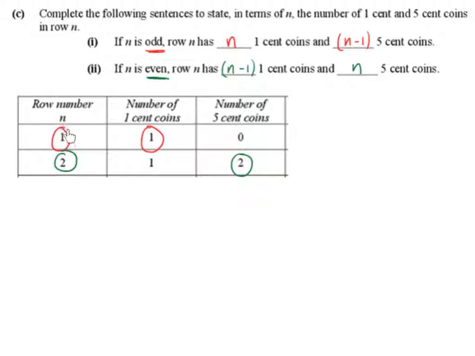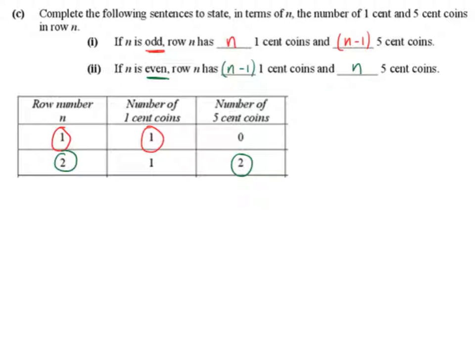In row 1 we had one 1 cent coin. In row 3 we had three 1 cent coins. In row 5 we had five 1 cent coins, and so on. So we just put n in the blank here. We've n 1 cent coins. And then we have n minus 1 5 cent coins. So the number of 5 cent coins was 0, and 1 minus 1 is 0 5 cent coins.